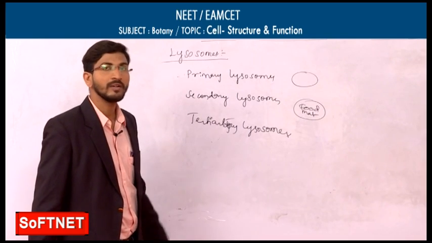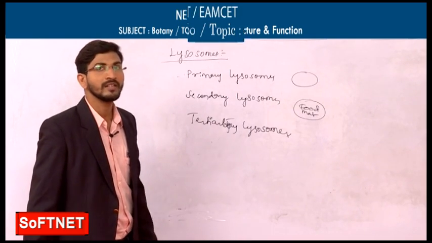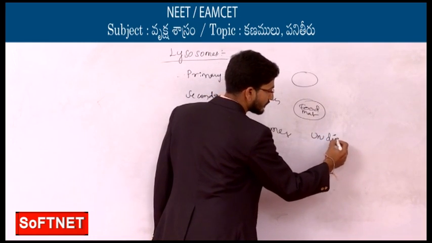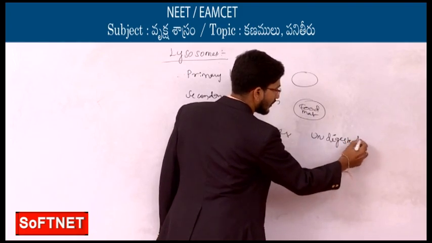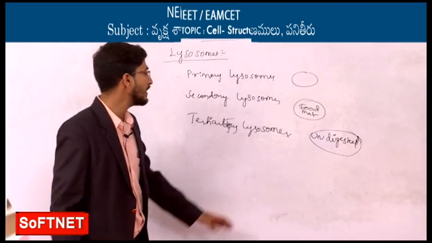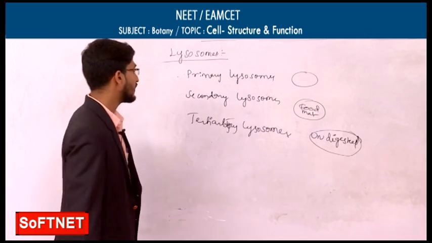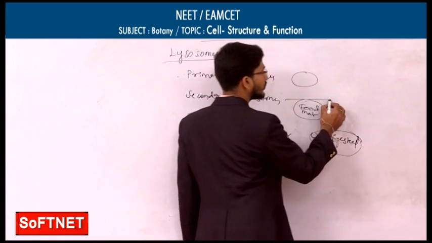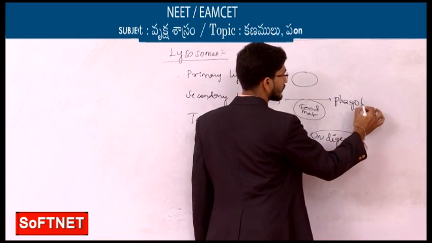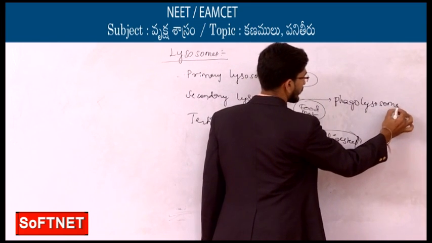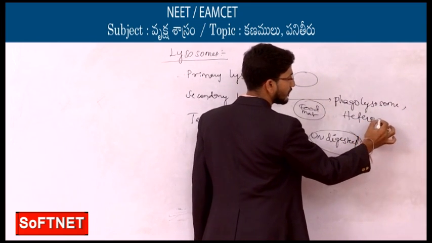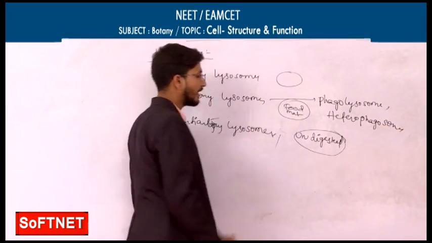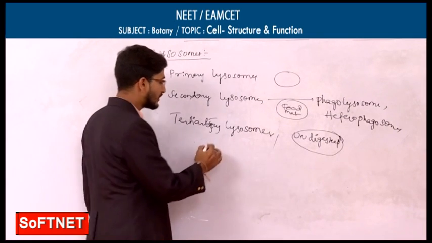Next, coming to tertiary lysosomes: they contain undigested food. The food particles that remain after digestion are stored inside tertiary lysosomes. The alternate name for the secondary lysosome is phagolysosome and heterophagosome, and the alternate name for the tertiary lysosome is residual body.